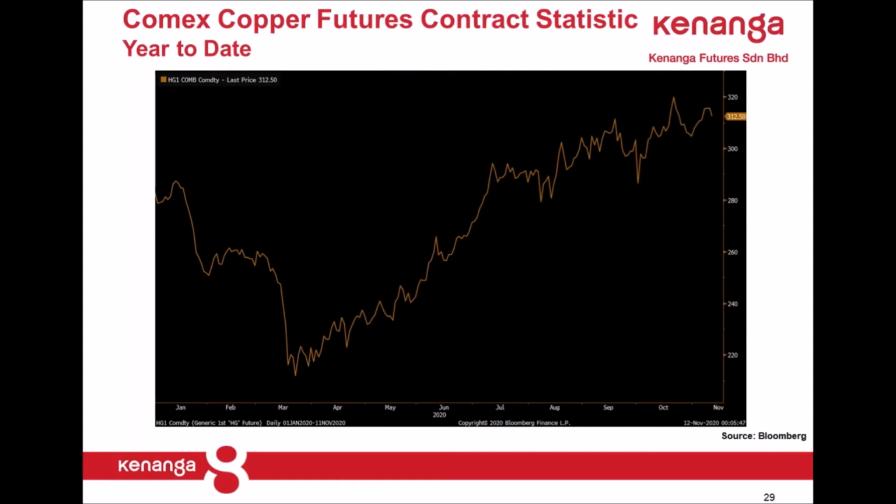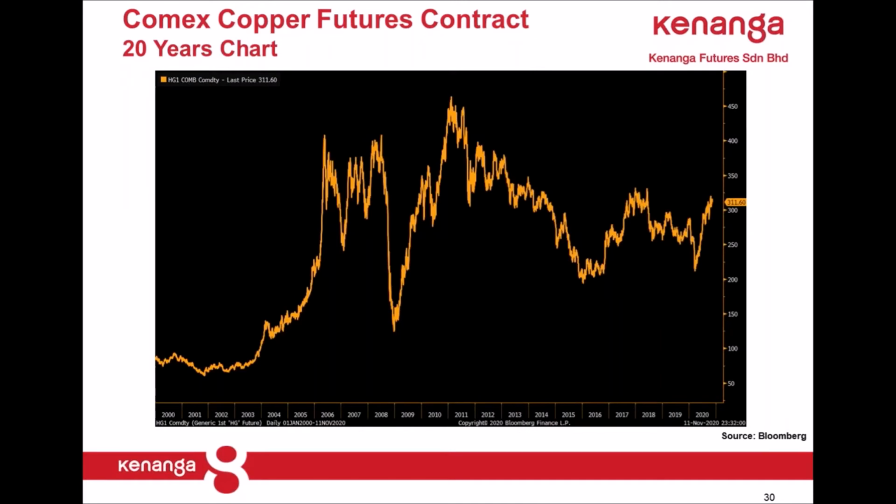Okay, in terms of the price performance, year to date, copper has been in a rising uptrend so far. Ever since it came down due to the ongoing COVID, from there it has been on a steadily rising uptrend. I will show you why later, and this is the history chart of 20 years.